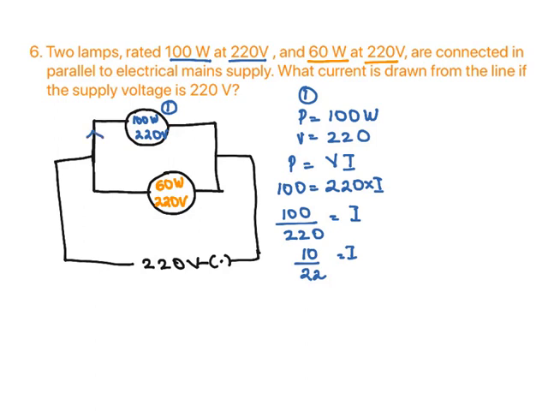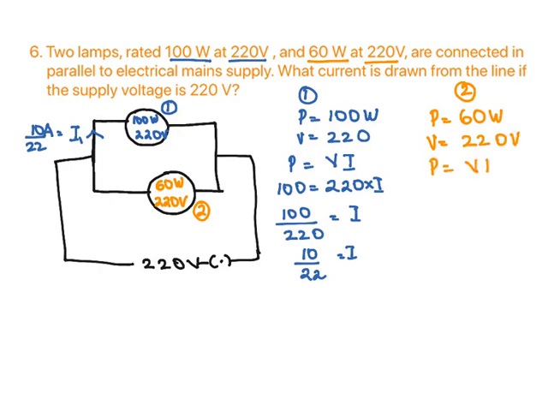So the current flowing in this arm, we will put it as I1, and that current is equal to 10 over 22 amperes. Now for bulb 2, in this bulb again we have power equal to 60 watts and we have the voltage 220 volts.